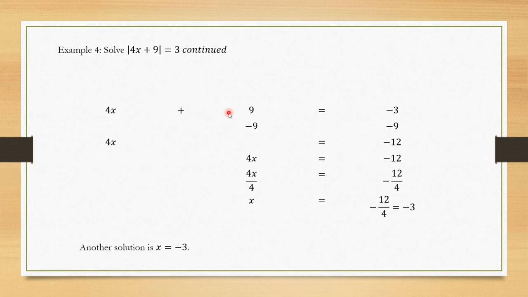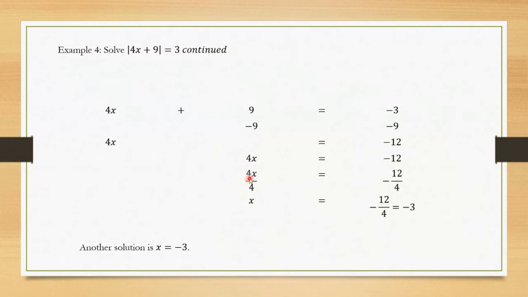Again, we want to get x all alone, so we want to get the 9 out of there. Whatever you do to one side, you do to the other. You have 4x equals -12. What's next? You divide both sides by 4. Okay, we divide by 4.